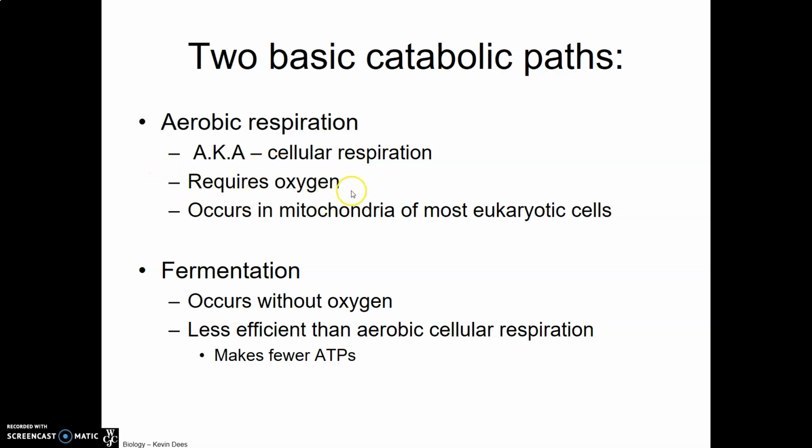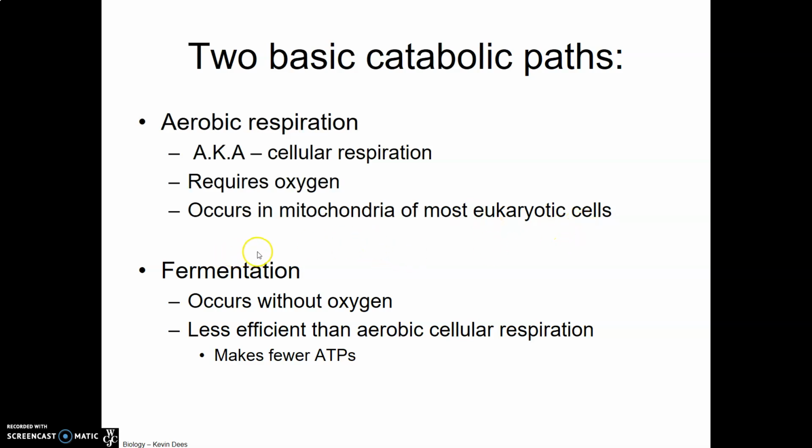So aerobic respiration, as the word aerobic implies, are reactions that are going to require oxygen. And as we'll see, these reactions, for the most part, occur in the mitochondria of eukaryotic cells. Now, this aerobic respiration is a very energy efficient process at harvesting this energy, and we're going to see a considerable amount of ATPs that are created.